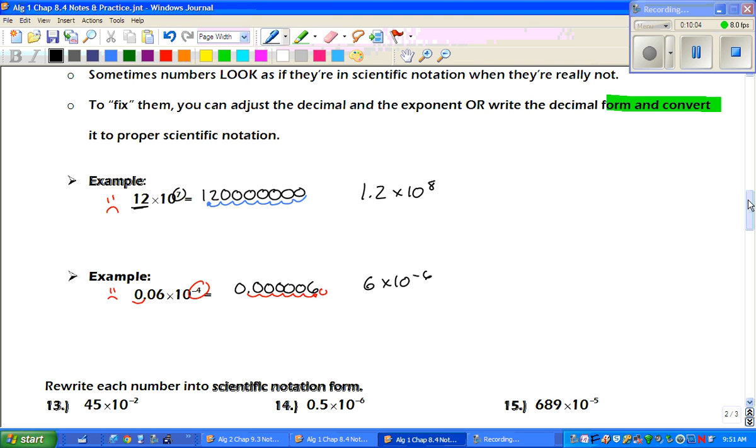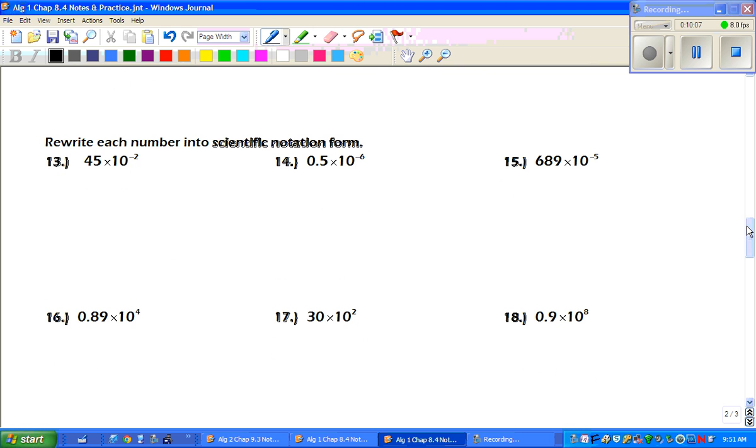So we always want to make sure it's in proper scientific notation. This is saying a negative 2, and move it 1, 2. So it's saying 0.45, but the proper way to put that in scientific notation would be 4.5 times 10 to the negative 1st.